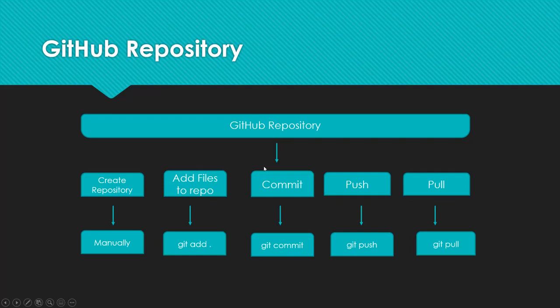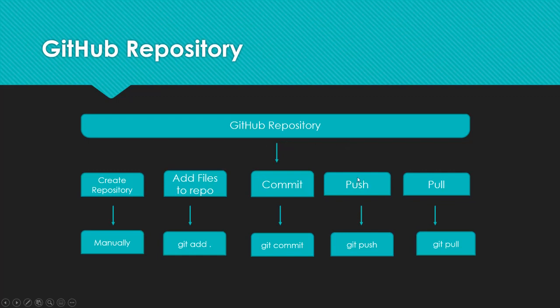We'll commit those changes. Commit doesn't mean it will be committed on the repository. It will commit locally, which means it's ready to commit into the GitHub repository. Then finally we'll push our automation code into the GitHub repository, and thereby we can see our project in the GitHub repository.